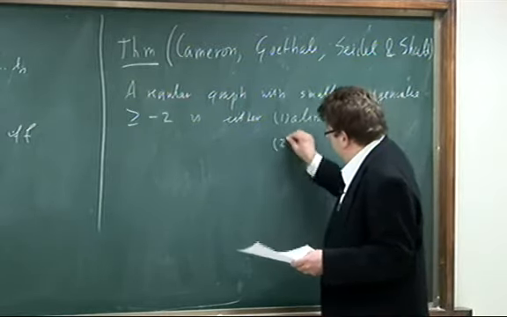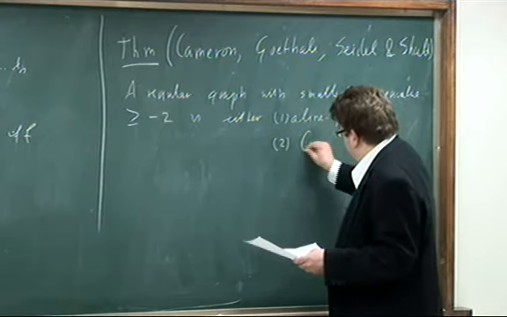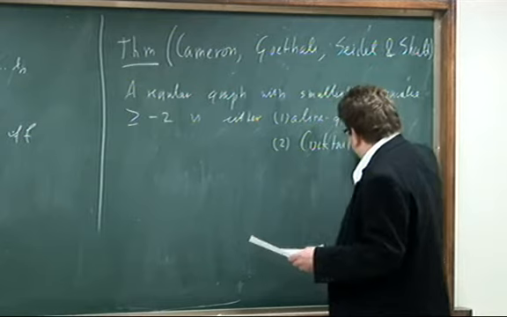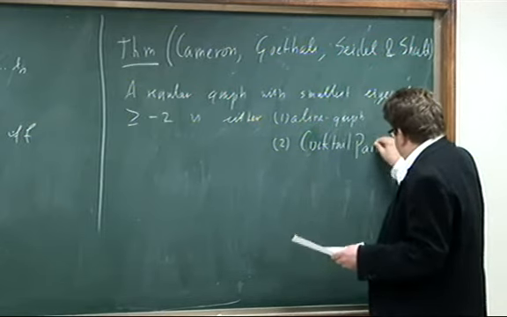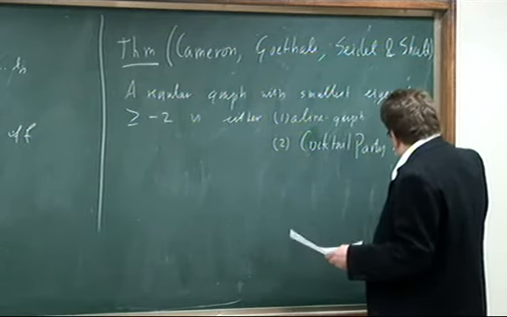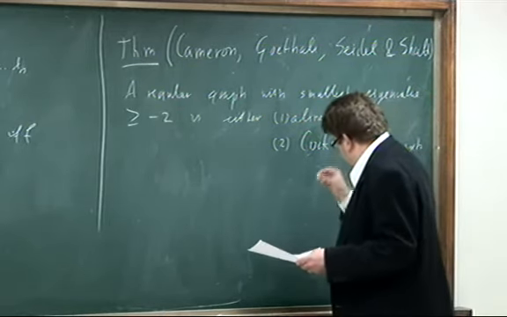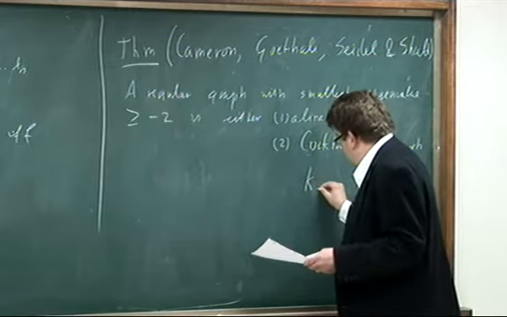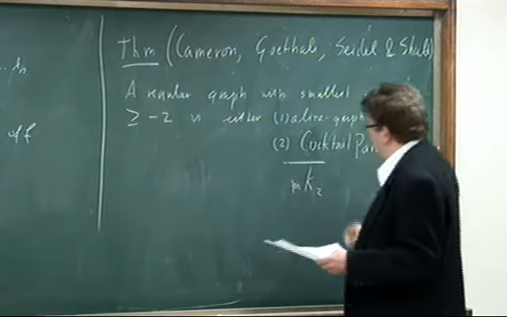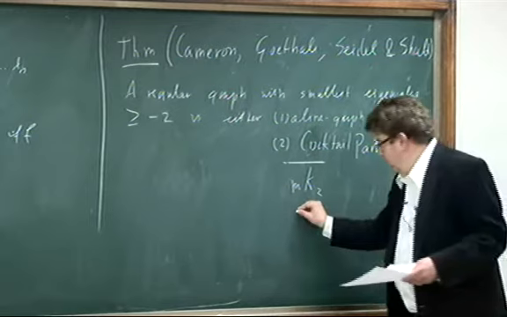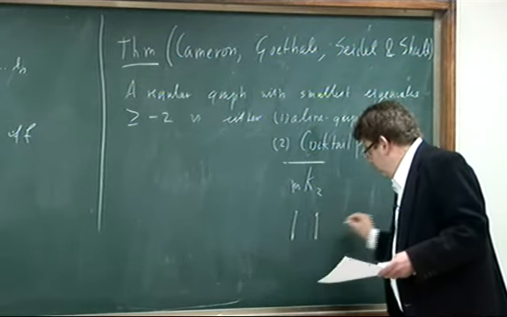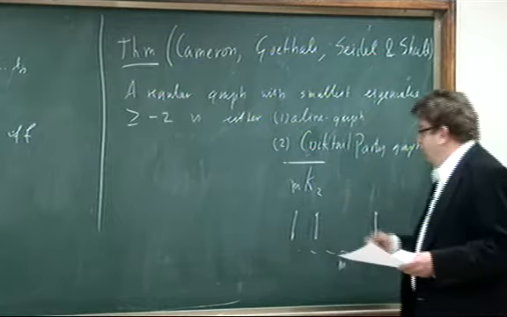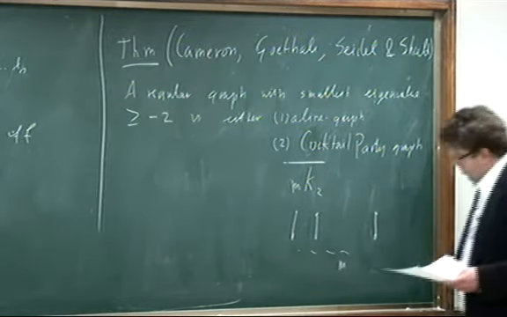Or it is the cocktail party graph, which is really the complement of the graph K two to M: you take M disjoint edges, and then you take the complement. That is the cocktail party graph.